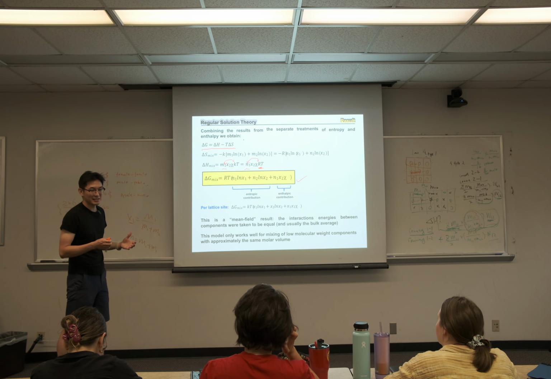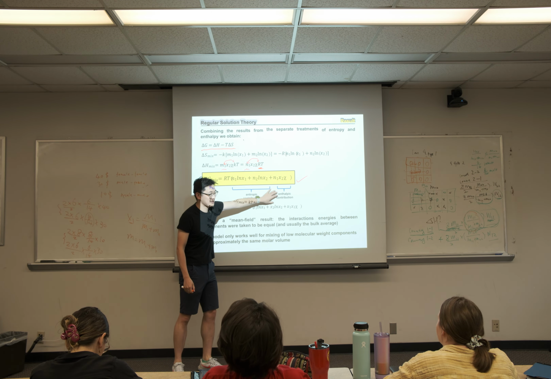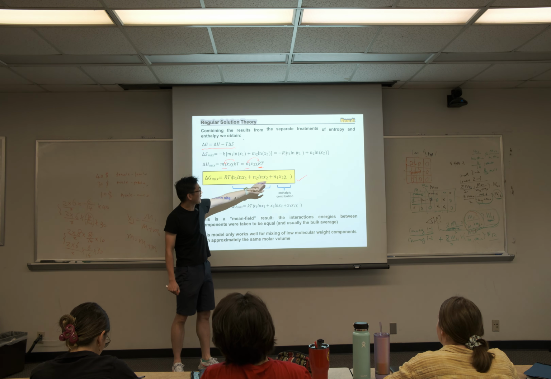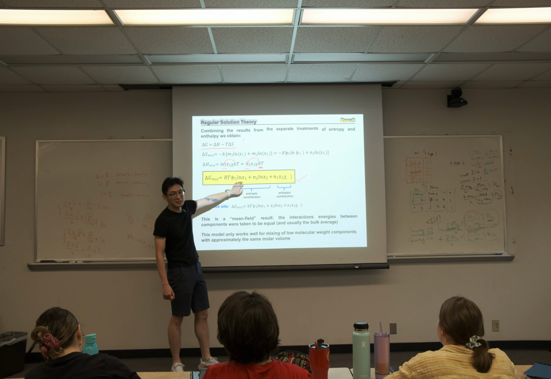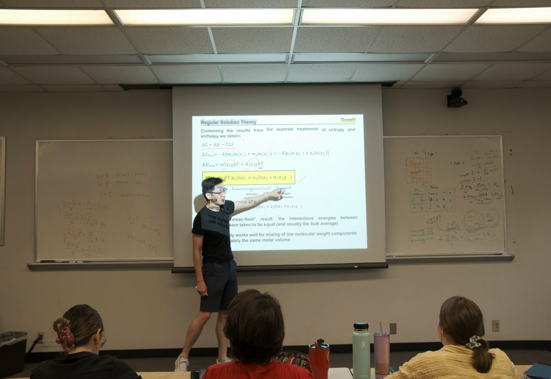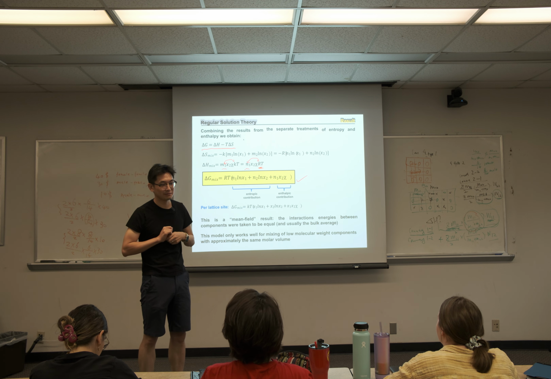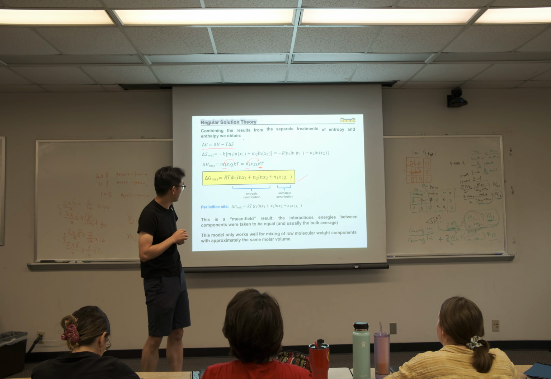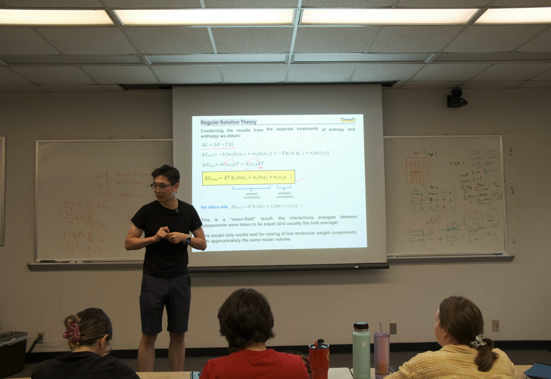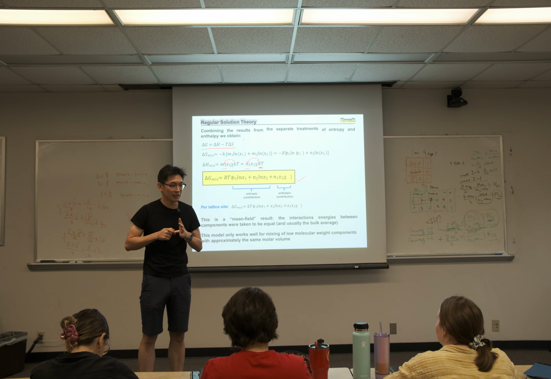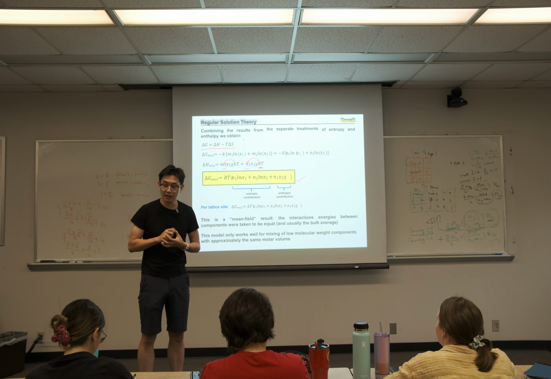If you want to mix, the chi needs to be small so that your entropic term is bigger than the enthalpic. If chi is negative, everything will definitely mix. If chi equals 0, it may or may not mix. If chi is very large, you will not mix. So we will talk more about what this chi means, and discuss it in more detail for regular solution theory. Then in the next class we will also discuss the Flory-Huggins theory.